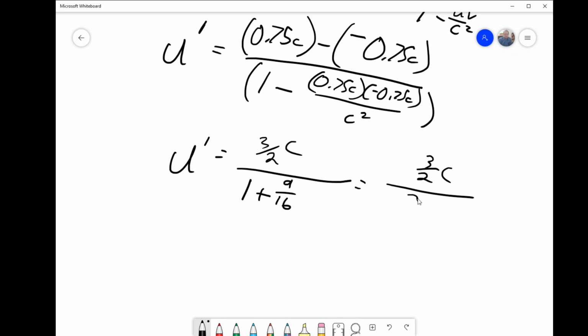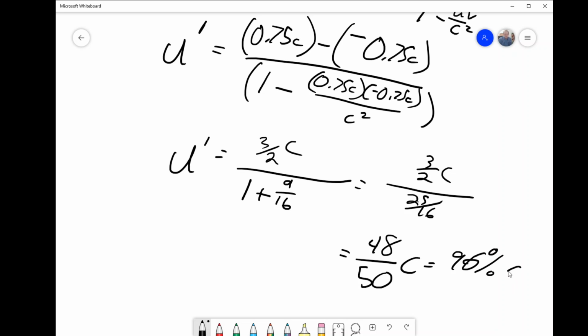We have a common denominator down here, 25 over 16. So the 16 comes up, multiplies by the 3, we get a 48. The 2 comes down, multiplies by the 25, we get a 50. So we're moving at not 150% of the speed of light, but 96% of the speed of light. It's 24 over 25 c.